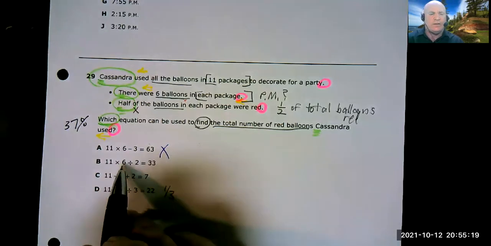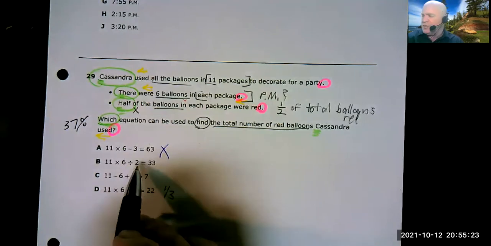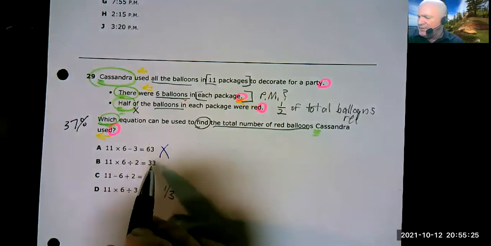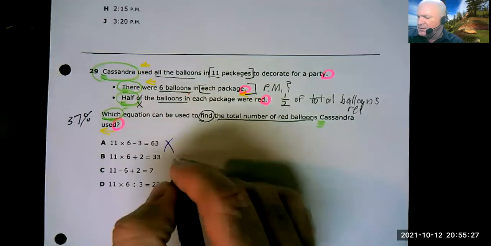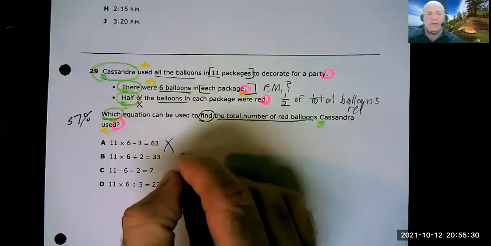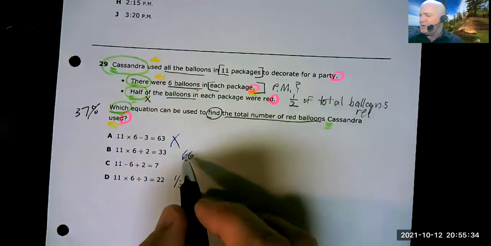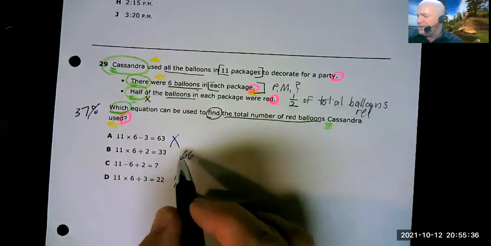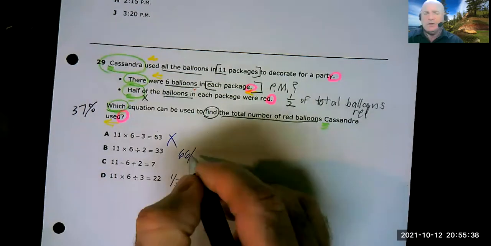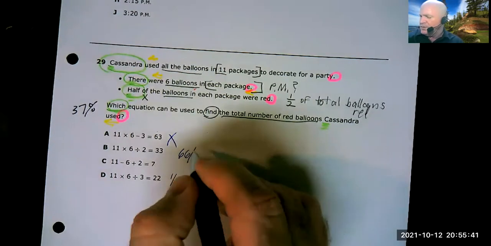And then we said divide it by 2 to see if we get 33. And so if we check it, 11 times 6 is 66. And just kind of take a little shortcut, half of 6 is 3, half of 6 is 3. So yes, 66 divided by 2 is 33. So that is true.